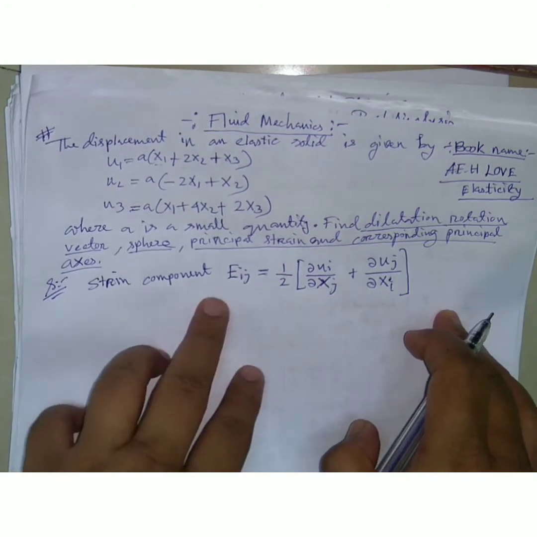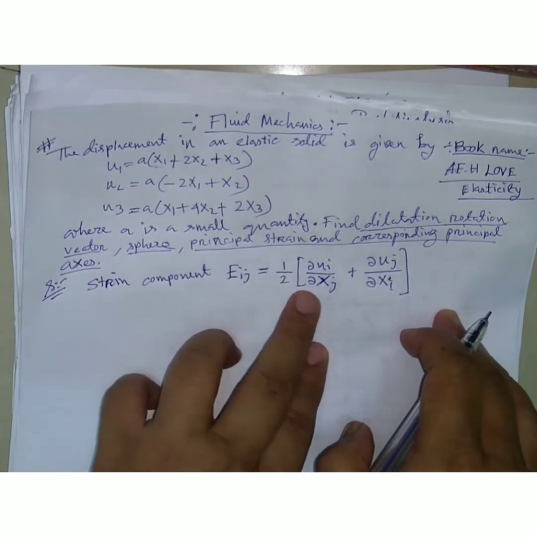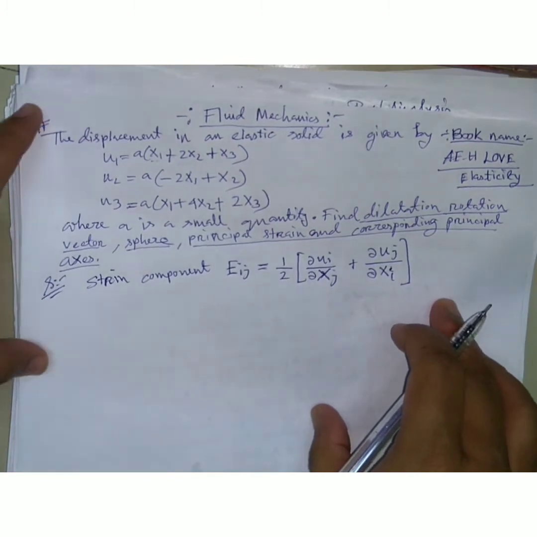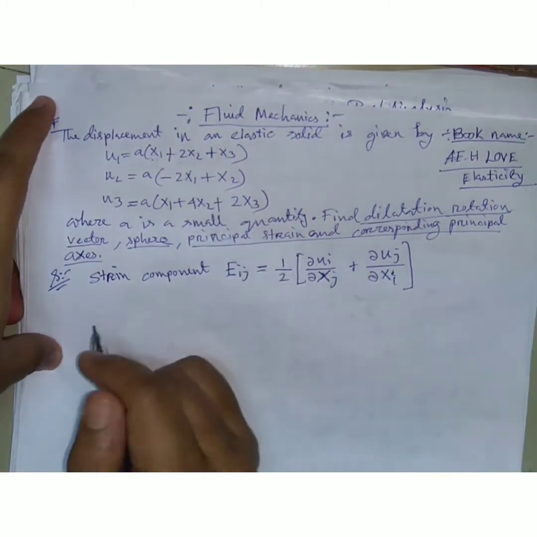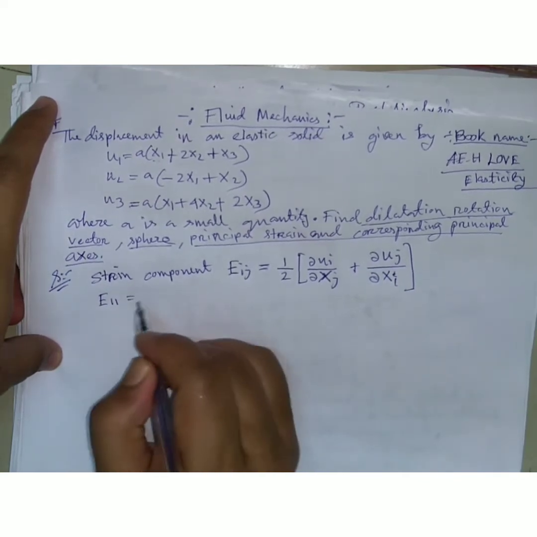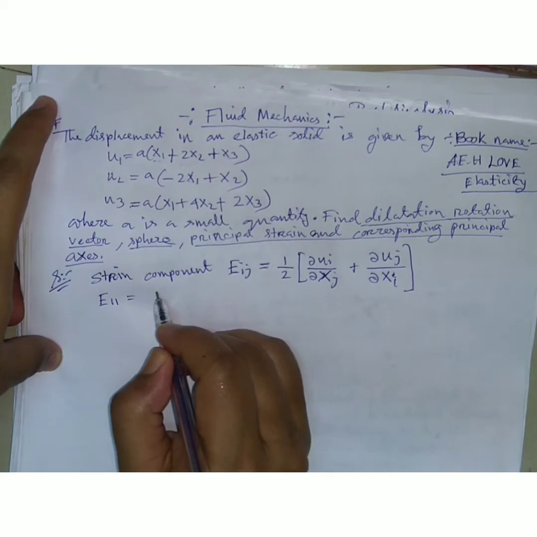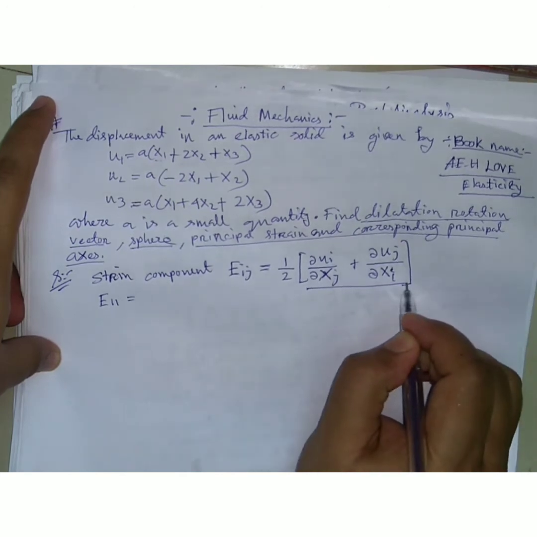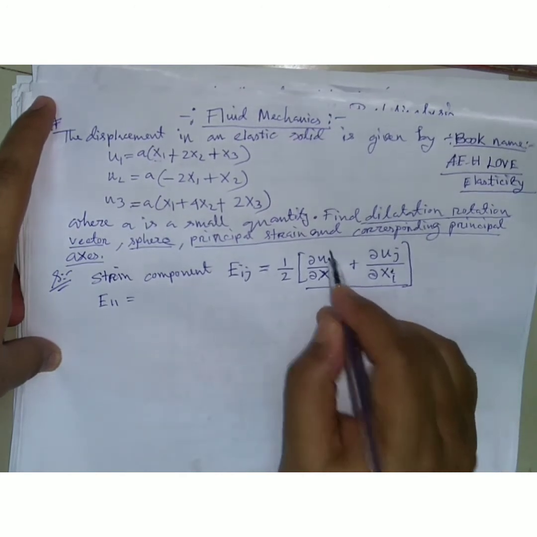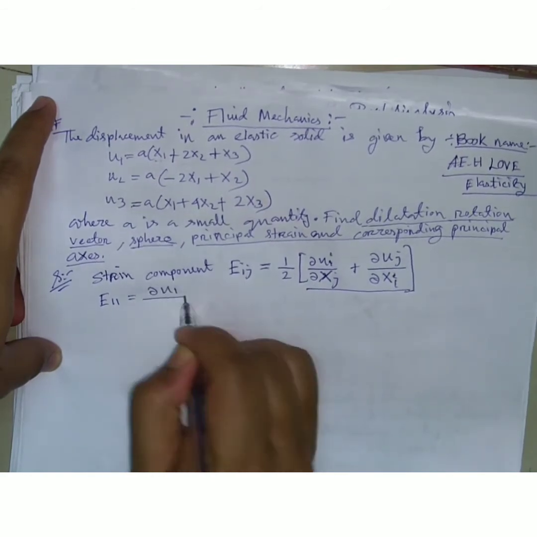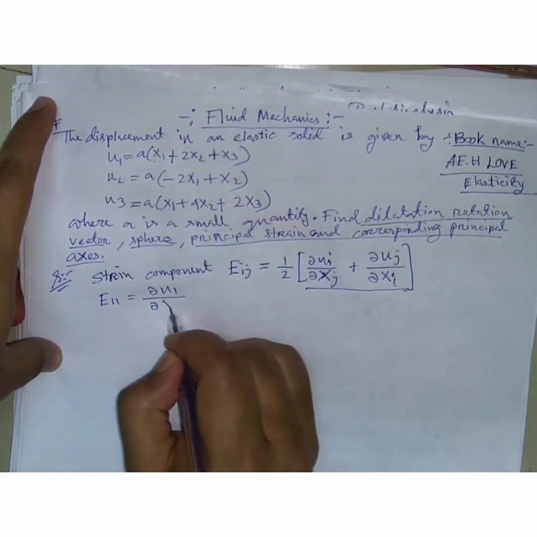So friends, strain component Eij equals half into del ui divided by del xj plus del uj divided by del xi. When I want to find E11, it is del u1 divided by del x1.